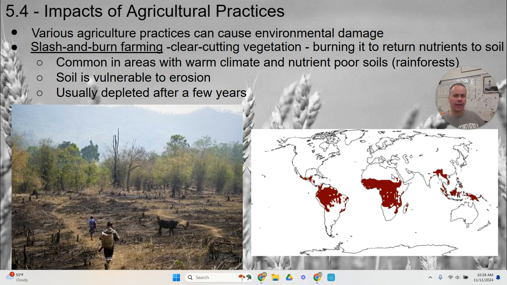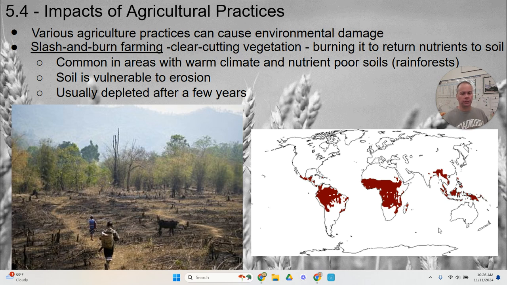A lot of this land, these ecosystems lost to slash and burn, are being converted into pasture land to raise cattle for beef. And this is common in the tropics, like I said, in rainforest areas. A big threat to the Amazon and other tropical rainforests is slash and burn agriculture.